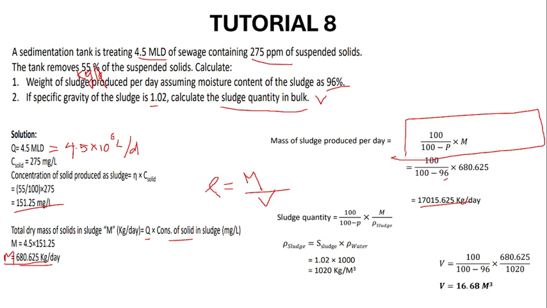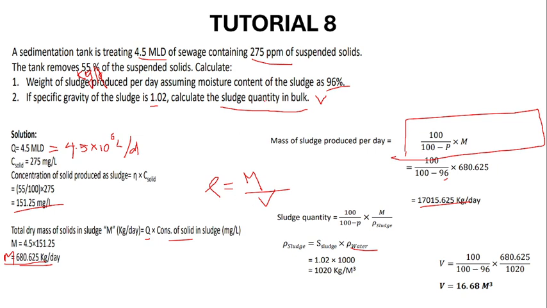With this, we have to find the density. So density is equal to specific gravity of sludge into density of water. This is how the density of sludge is found. So 1.02 into 1000. Okay, this is constant always. This 1000 kg per meter cube. So here 1020 kg per meter cube is the density of the sludge.